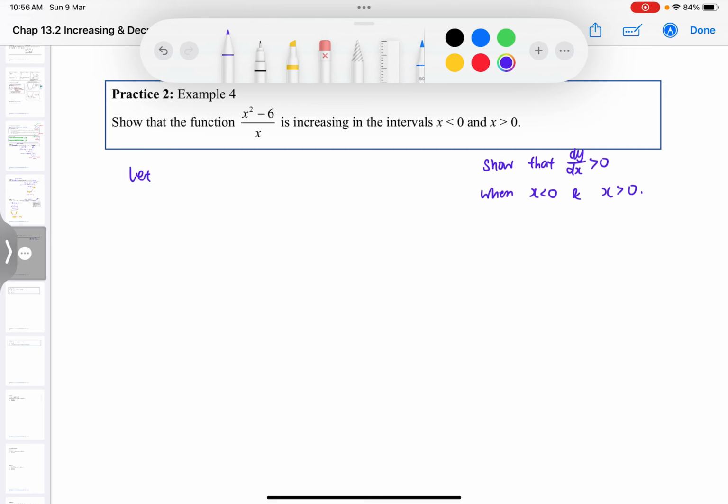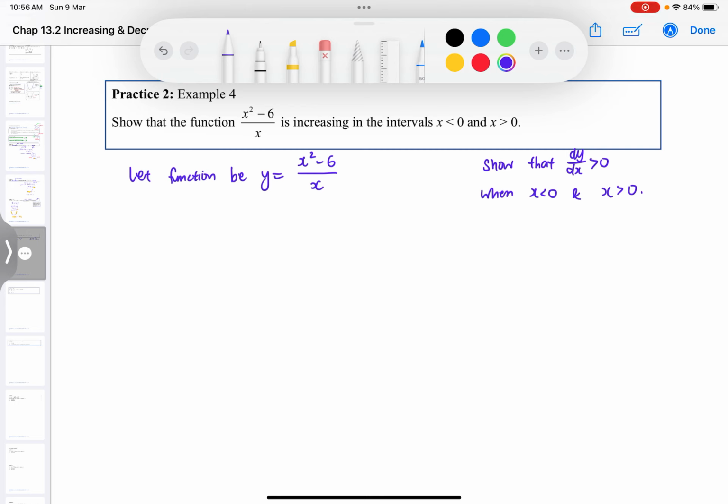We will let the function be y. And how do we find dy/dx? Which formula should we use? Can you see that this is actually a fraction, with a function in the numerator and the denominator?